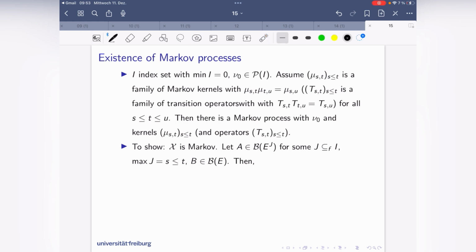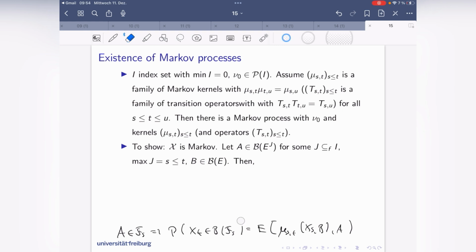We are going to show the following. So we're going to show that if A is in Fs, then the probability that Xt, for t bigger or equal than s, of course, is in B, conditioning on Fs, is the expectation of mu_st from Xs to B over the set A. I forgot the set A on the left hand side here.